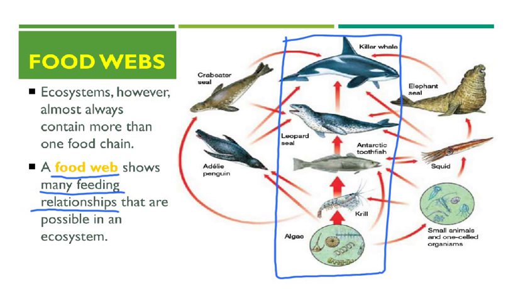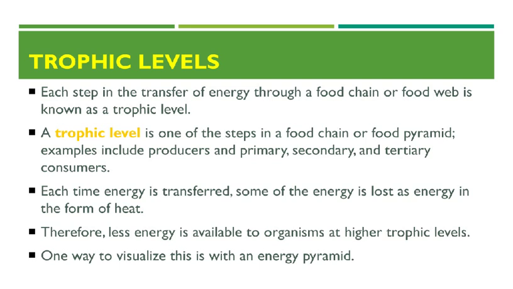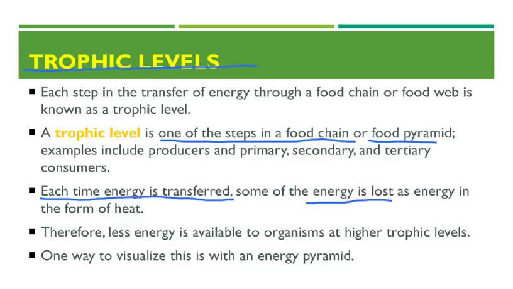The best way to look at this is by studying things called trophic levels. All right, and a trophic level is one of the steps in a food chain or a food web, or a level in a food pyramid, and we'll talk about food pyramids in a minute. So every time energy is transferred, some of the energy is lost. All right, and it's lost in the form of heat.